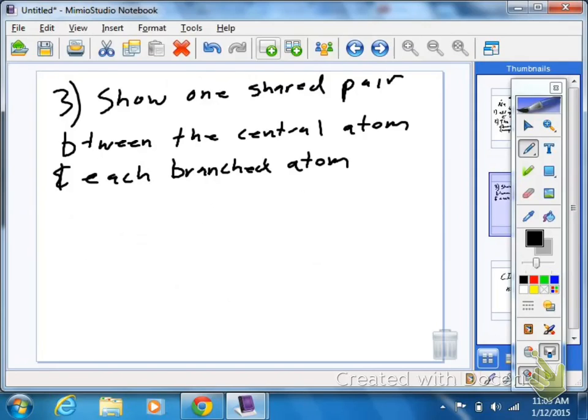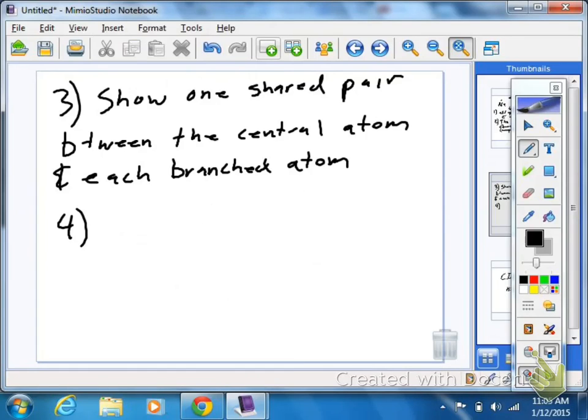Alright? Number 4, what you're going to do is make sure all the branched atoms have 8 electrons by putting 6 electrons or 3 pairs of electrons around each branched atom.